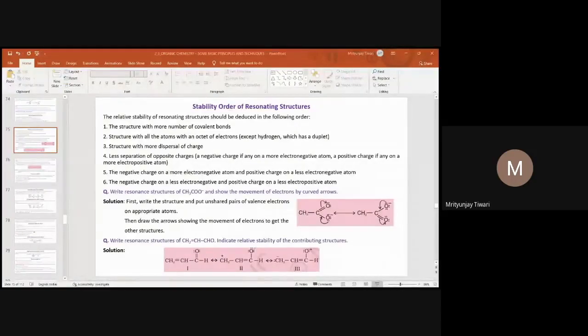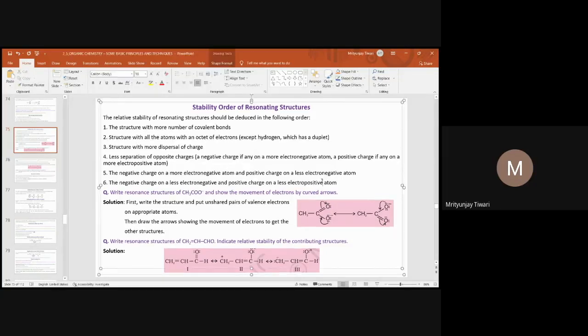And then the last is the negative charge on the less electronegative atom and positive charge on the more electronegative atom.